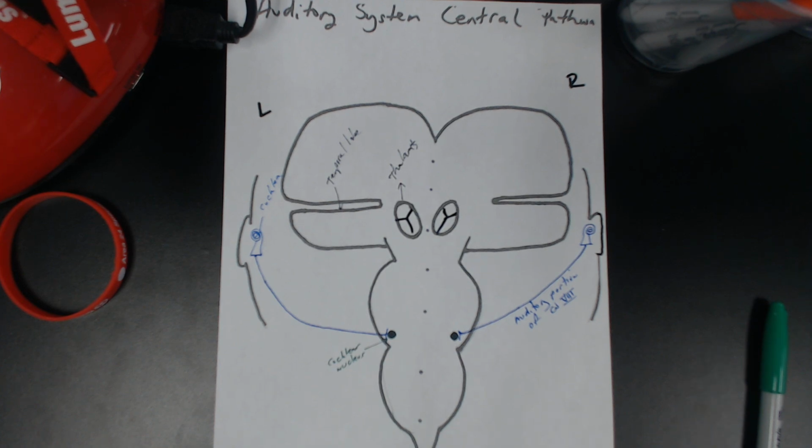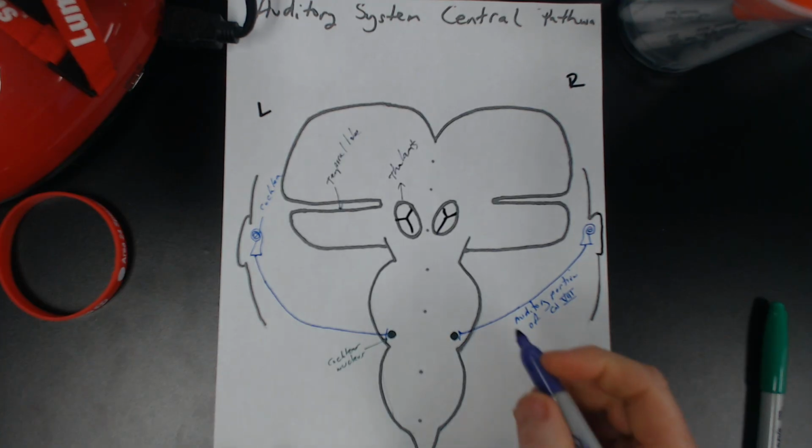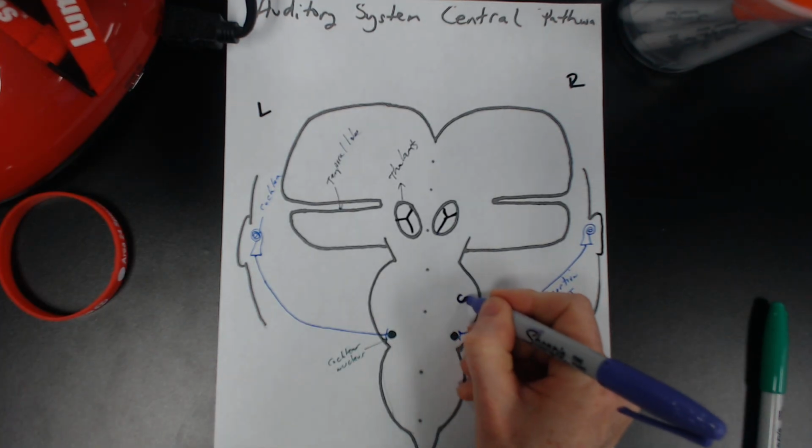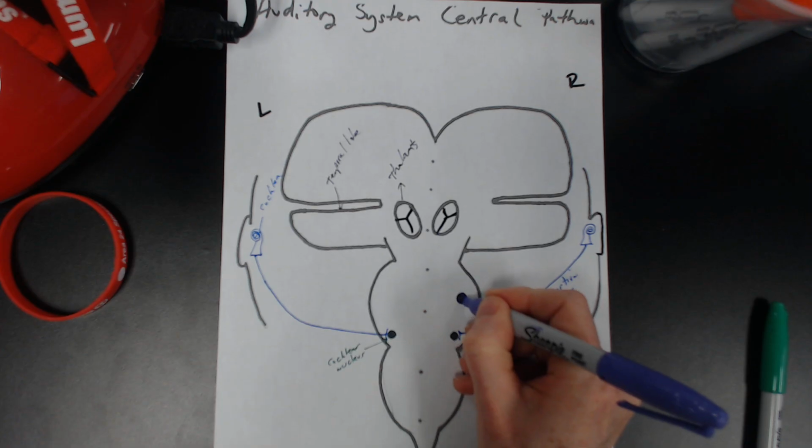After the cochlear nucleus, which is located in the caudal pons, the next structure up that you need to be aware of that's part of the auditory system. In the cerebellar system, if you remember, we talked about the inferior olivary nucleus. In the auditory system, it's called a superior olivary nucleus, and it's about in the middle of the pons.